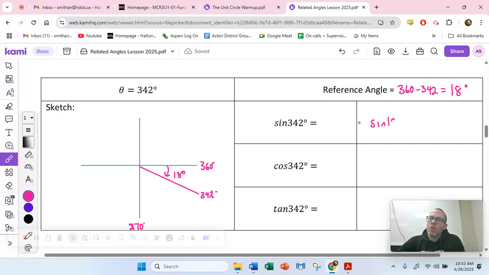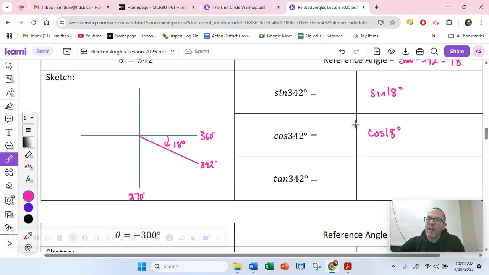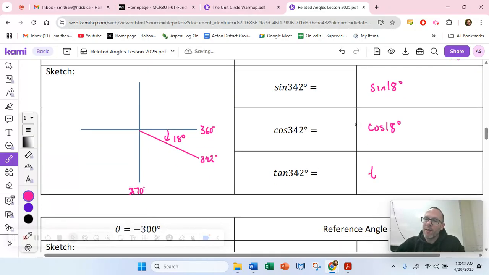And you guys are doing great. Humor me and just verify for yourselves that these angles are related, and verify this idea that their sine, cos, and tan have the exact same numerical values. Their signs will be different according to the CAST rule. Sine is negative 0.309.